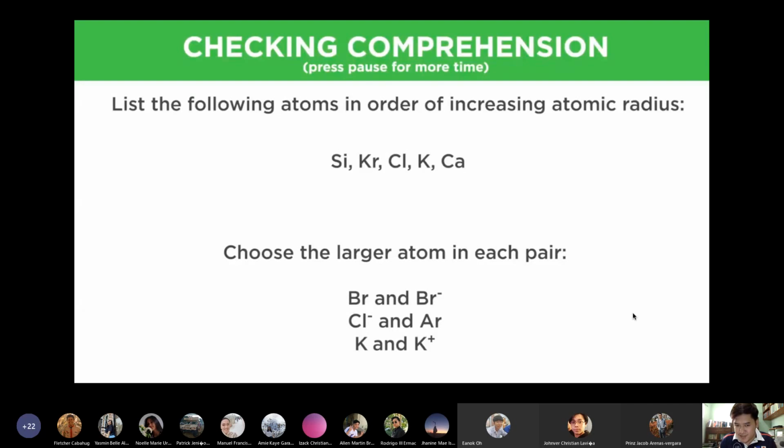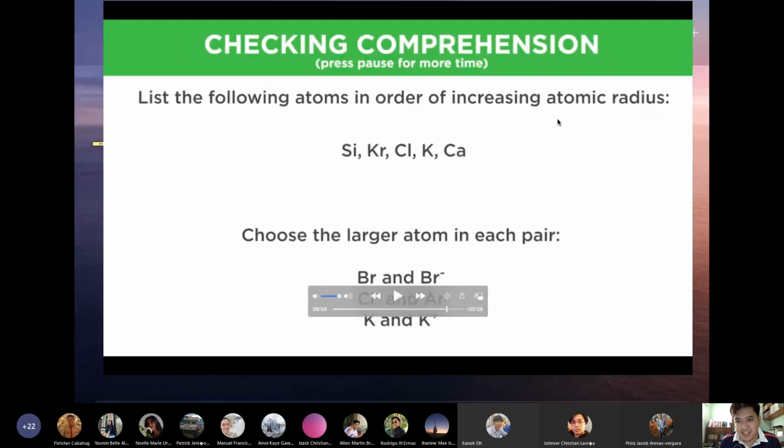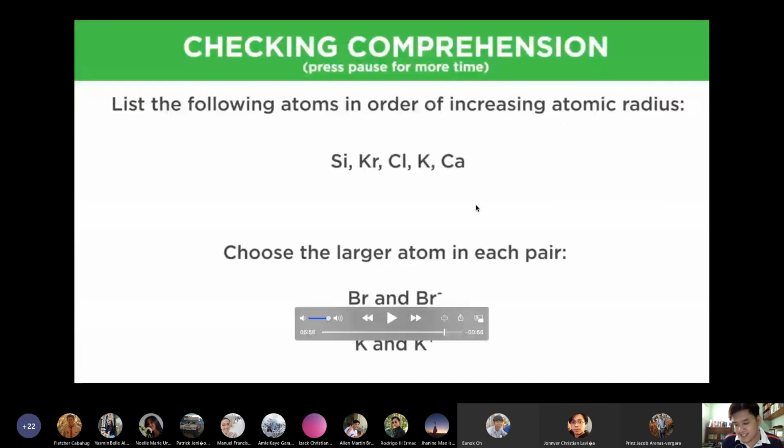If you look at your periodic table, you can just highlight your elements: silicon, Si, krypton, chlorine, potassium, and calcium. The trend in the periodic table is that atomic radius increases from right to left, and going down, top to bottom.